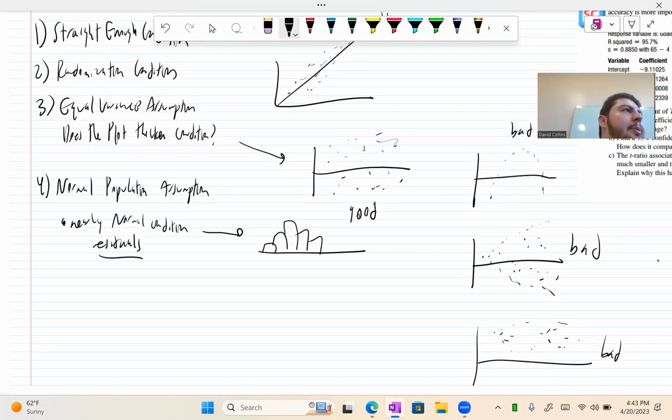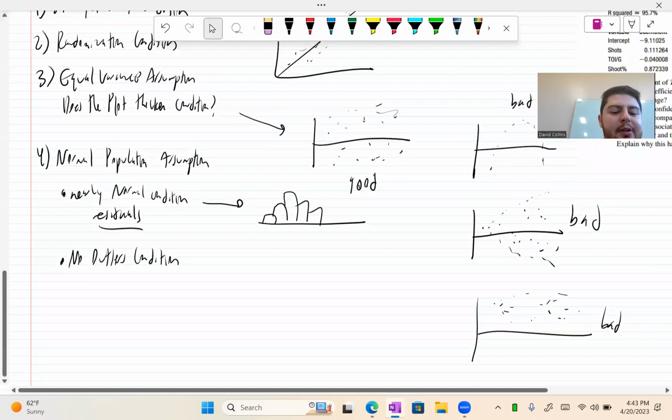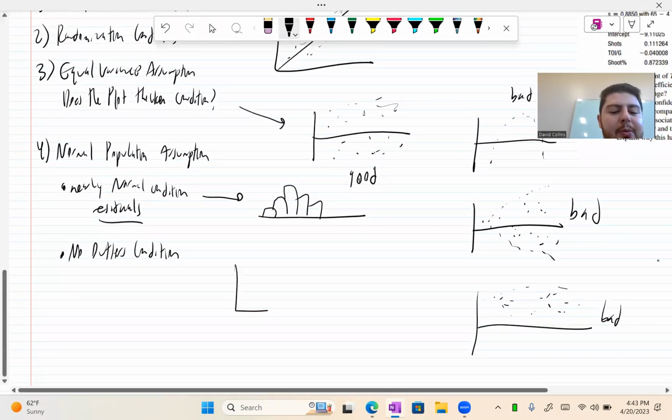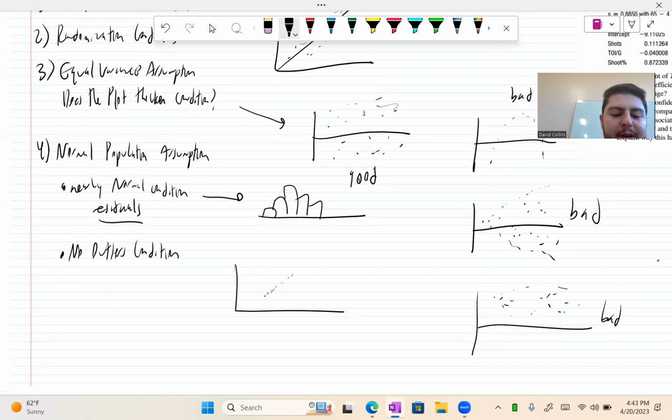It has to be unimodal and symmetric. Two is the no outliers condition. And you need to look at the normal probability plot, which will be given to you.